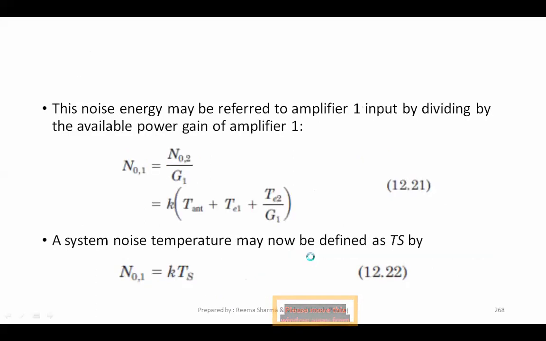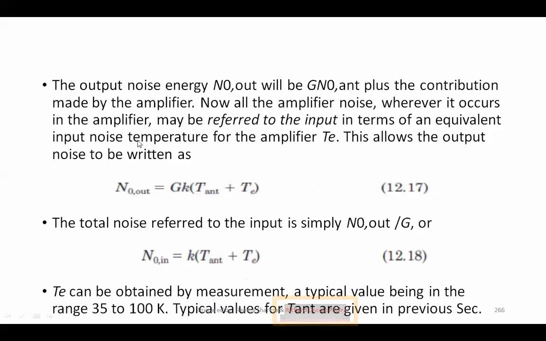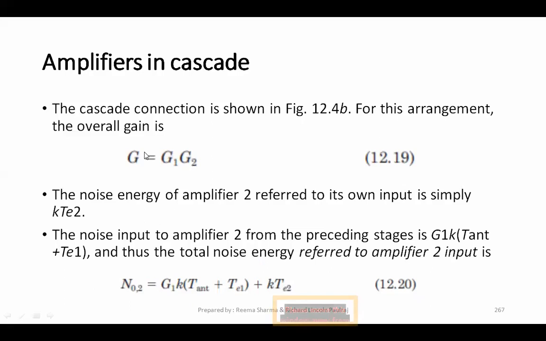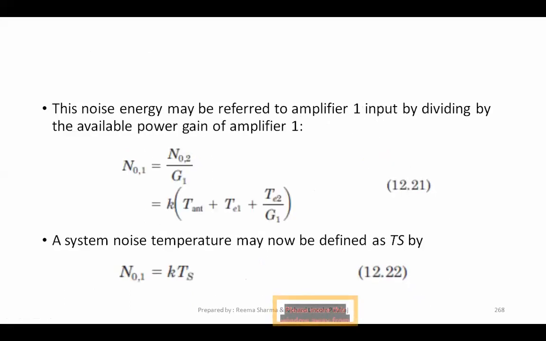Here, T_E is nothing but the noise temperature of the amplifier. The noise energy may be referred to the amplifier 1 input by dividing by the available power gain of amplifier 1. So the noise that I am seeing with amplifier 1 can be taken with the noise of amplifier 2 and divided by gain 1.